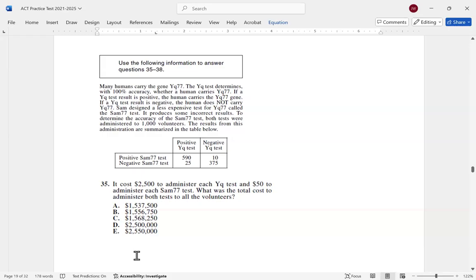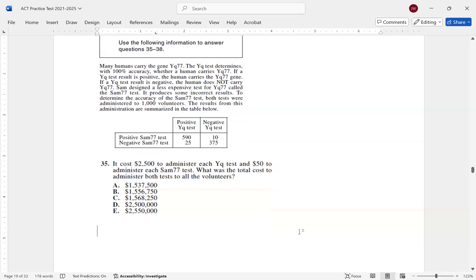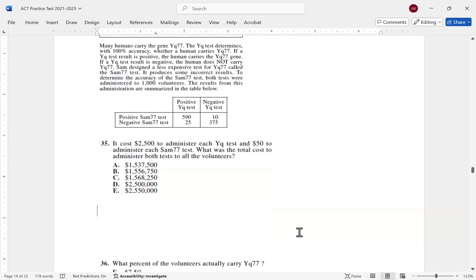Question 35 says, it costs $2,500 to administer each YQ test and $50 to administer each SAM77 test. What is the total cost to administer both tests to all the volunteers? Since there were 1,000 volunteers and each one got the YQ test and each one got the SAM test, we'd take 1,000 times (2,500 plus 50).